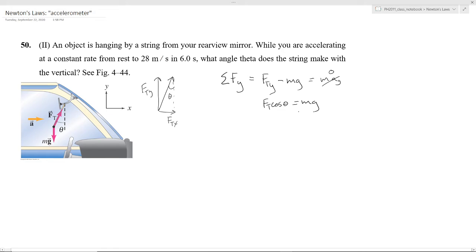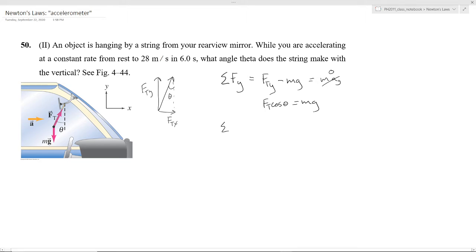Part of why I picked this problem is notice, since they've specified the angle from the vertical, we're quick to assume that x is associated with cosine, but in this case it's not. So this is a good example of why it's really important to be careful about your trig functions. Make sure you have a good picture, see how things are broken up.